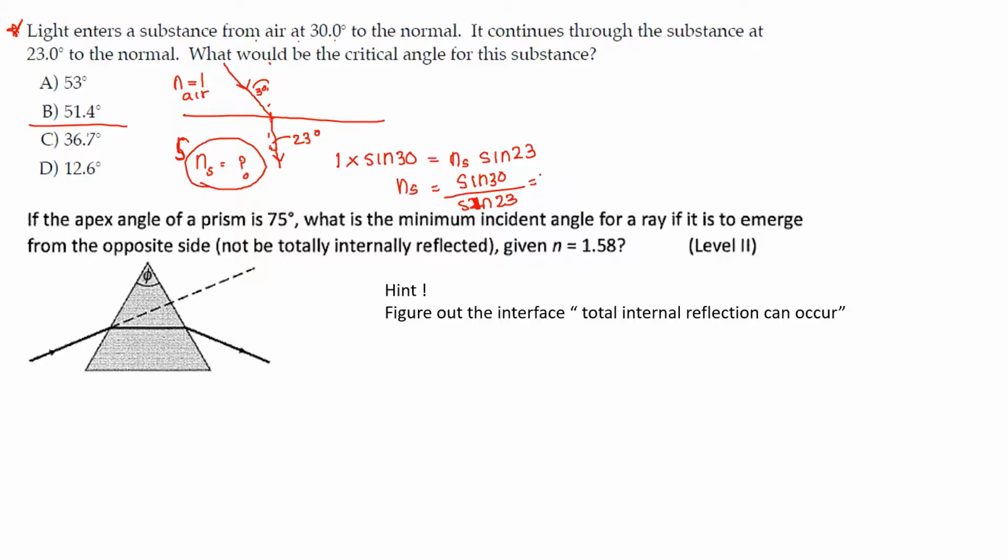And what do you get? 1.2797 for this. So we know the index of refraction for the new substance, and they're asking what would be the critical angle for this substance.